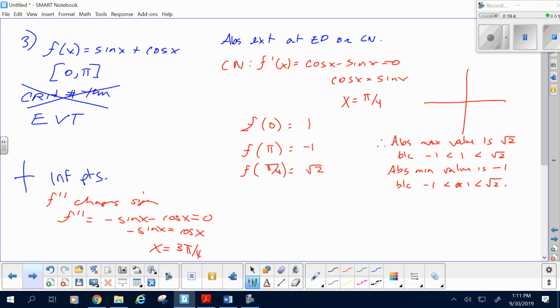And I feel like that is a sign changing place, although I could verify it with a sign test. Well, I think we're good to go there. So then do they say the coordinates or just the x? Just the x, okay. So f has an inflection point at 3 pi over 4 because f double prime changes, not equals 0, changes sign. Okay, cool.